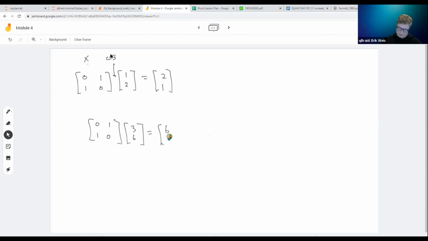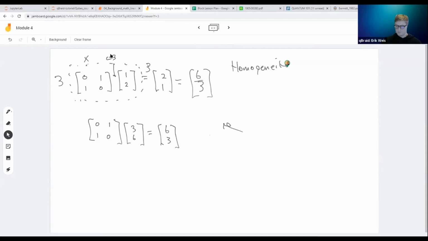Our answer is going to be 6, 3. Now, if I took 3 and I multiplied it after the fact to the result of this, I multiplied that retroactively by 3, it'd be the same thing, and that would give me the same vector, 6 and 3. Great, so any questions about what we're calling the homogeneity property? Does that make sense?